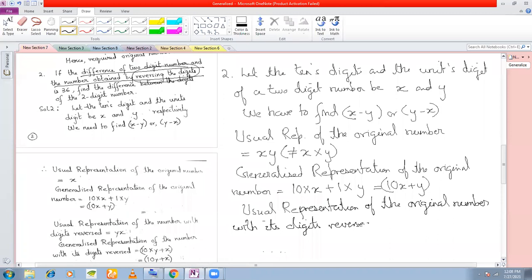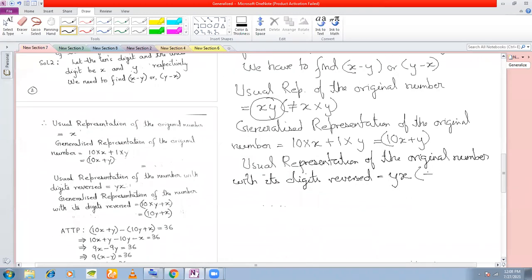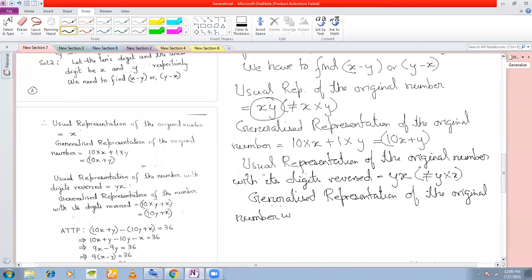The usual representation of the original number was xy. Now if I reverse the digits, the number becomes yx, right? Which is obviously not equal to y into x. So what should be the generalized representation of the original number with its digits reversed?